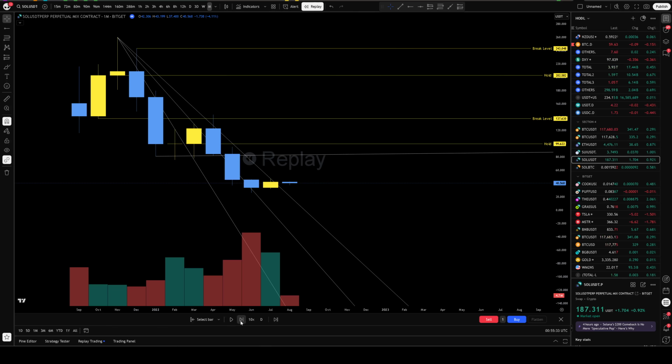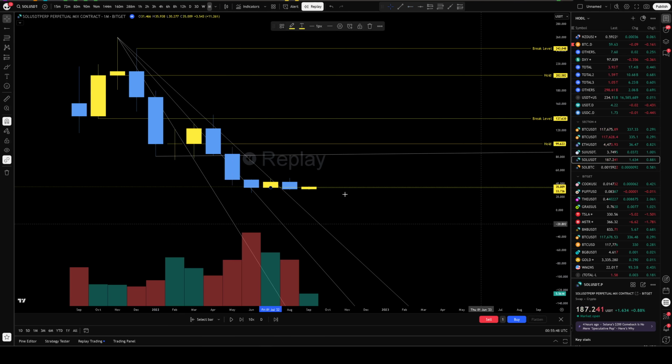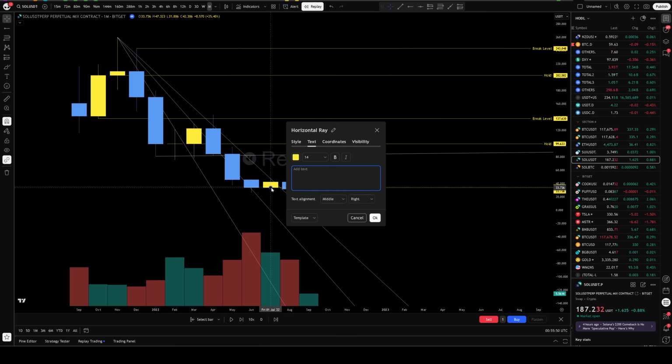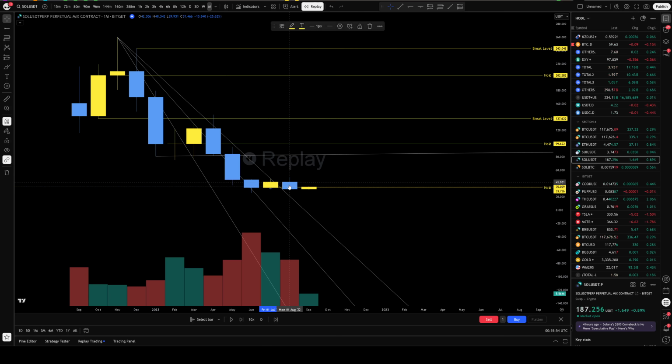So see, yep. So it's in a state of kind of limbo where we've created a new resistance to the downside. So this is a hold level. We're on this side of the trend, but we didn't close the candle yellow.